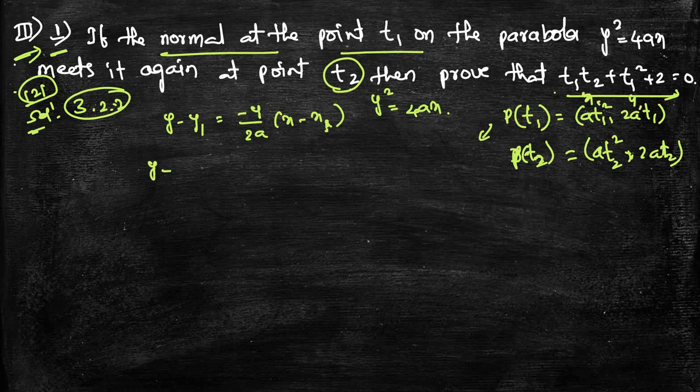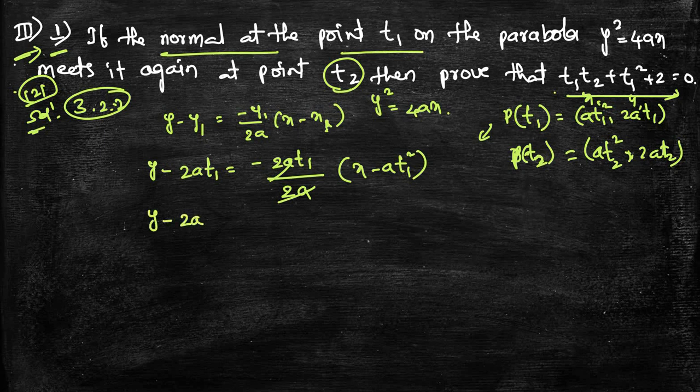So y minus y1, where y1 is 2a t1, is equal to minus 2a t1 divided by 2a into x minus x1, where x1 is a t1 square. 2a gets cancelled, so what remains is y minus 2a t1 is equal to minus t1 into x minus a t1 square.